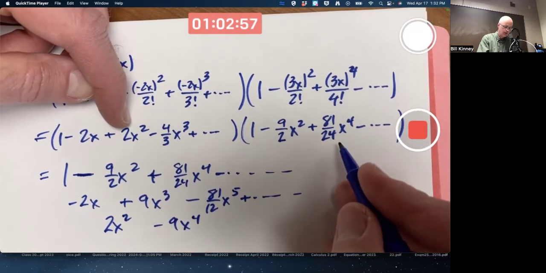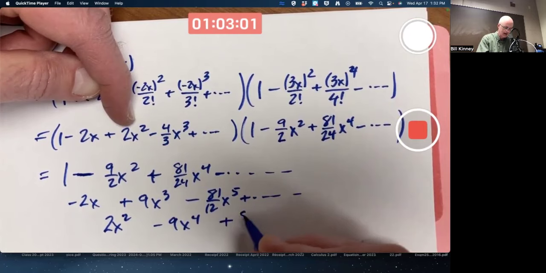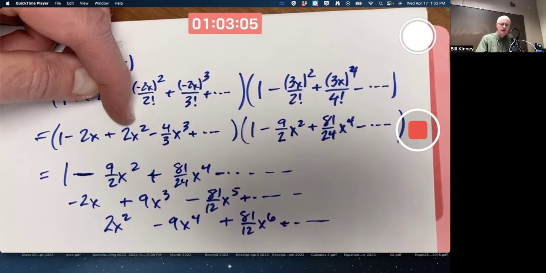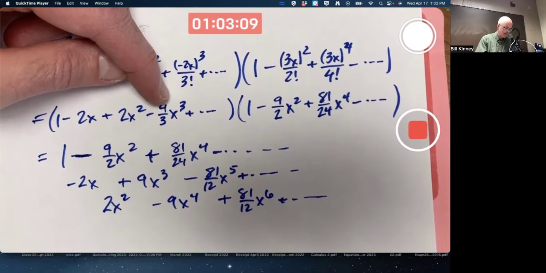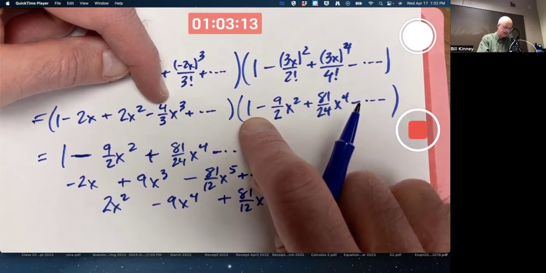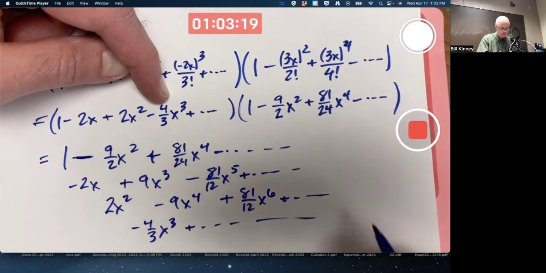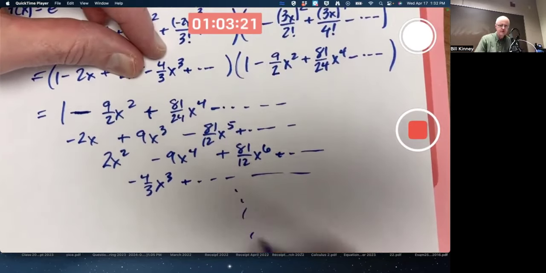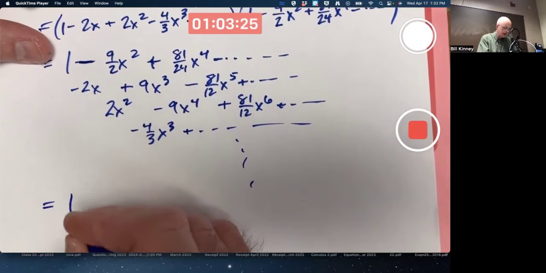I will write one more. 2x squared times that is going to be plus 81 over 12 x to the 6th, etc. Let's at least do the first product here. Negative 4/3 x cubed times 1, negative 4/3 x cubed. And I think I won't bother with more. This technically goes on forever and ever. Simplify by combining like terms.